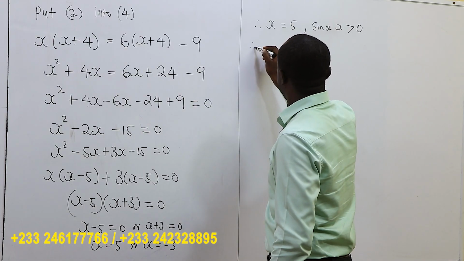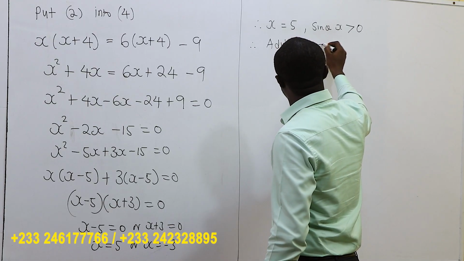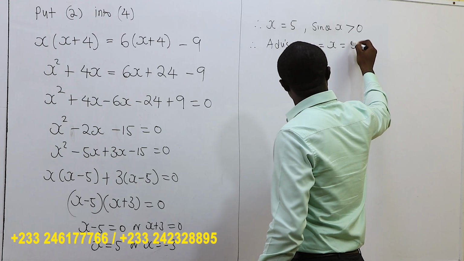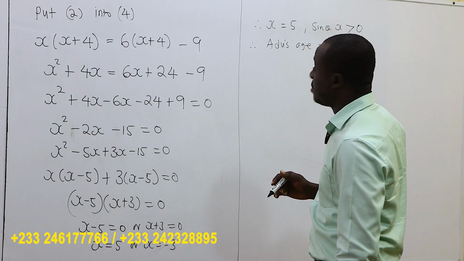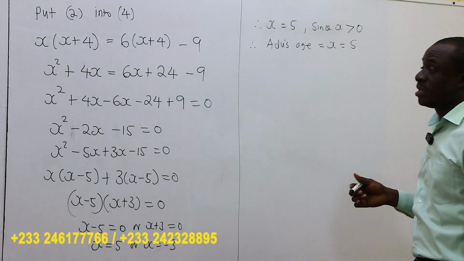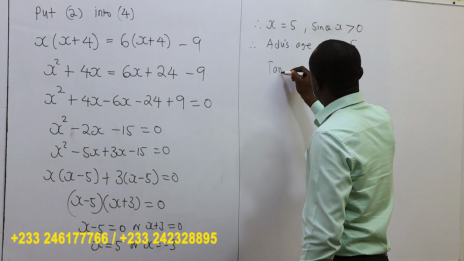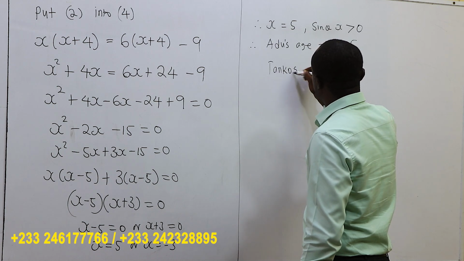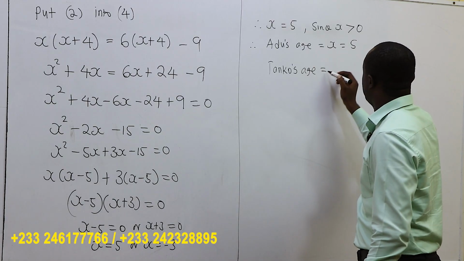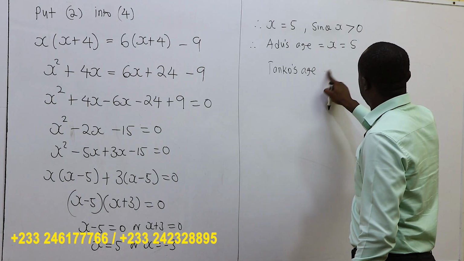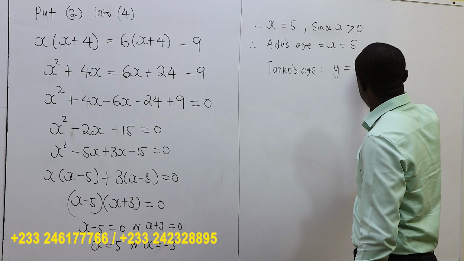Now, therefore, what is Edu's age? We know Edu's age, which is X, is 5 years. What do you think is Tanko's age? Tanko's age, which is Y, is equal to X plus 4.